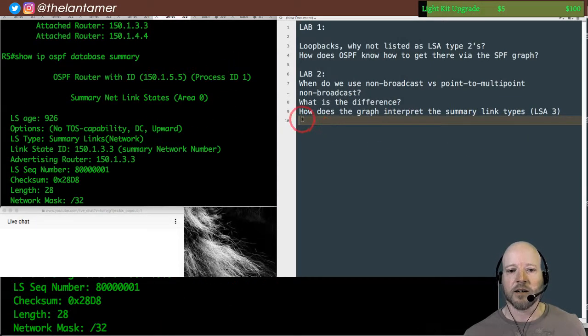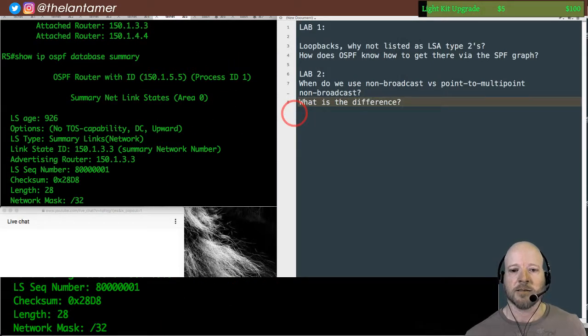Okay, I got that part. What got me stuck here was the use of the non-broadcast from point to multi-point. Yeah, this point to multi-point part, because that's basically what this DMVPN is. But yeah.